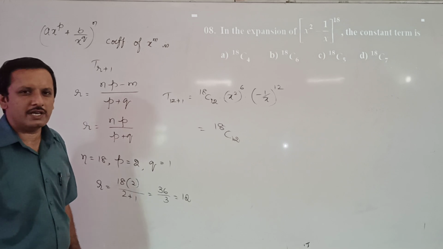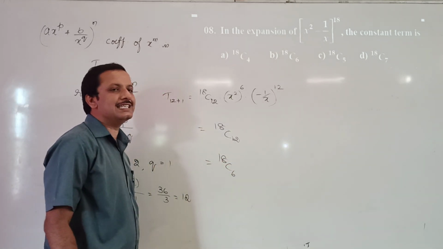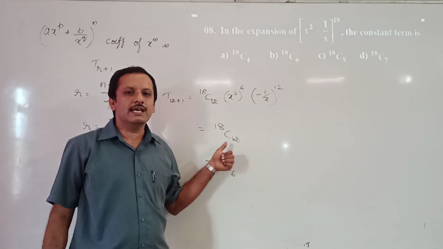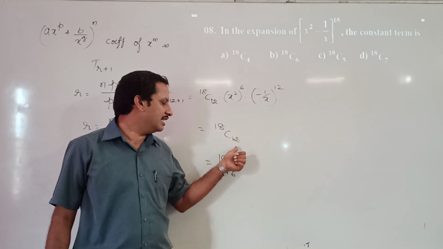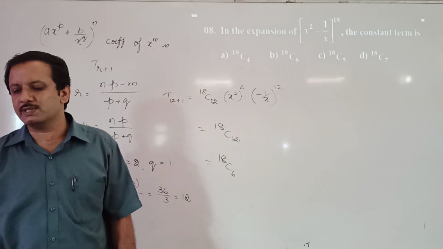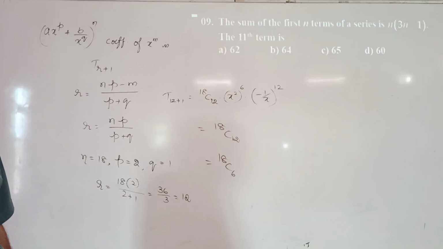Unfortunately that option is not there, but not a problem. 18C12 can also be written as 18C6, since nCr is equal to nC(n minus r). That is the second option.